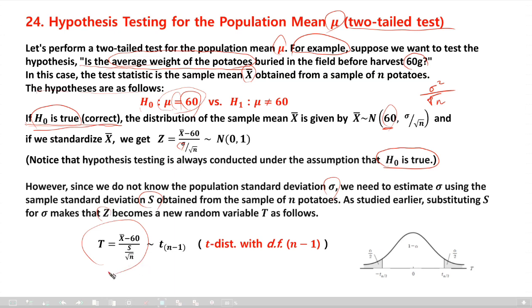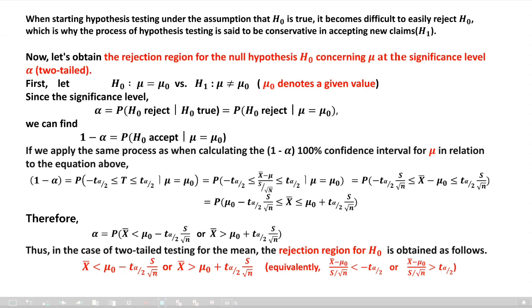Then it will have a more complicated distribution, say the T distribution with degrees of freedom n minus 1. We already studied that, right? So we use the T distribution here for hypothesis testing because we do not know sigma.